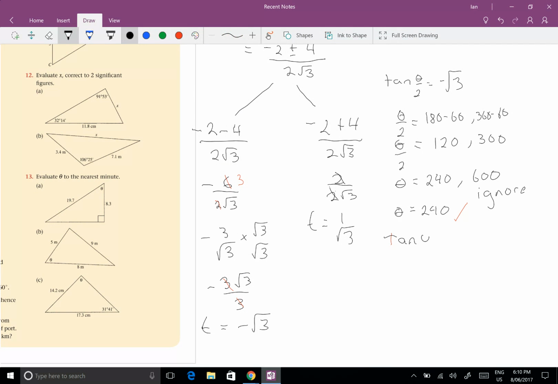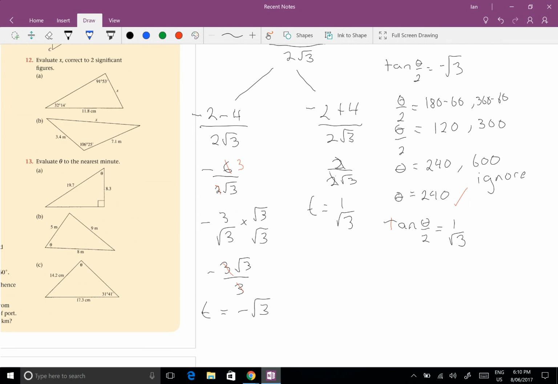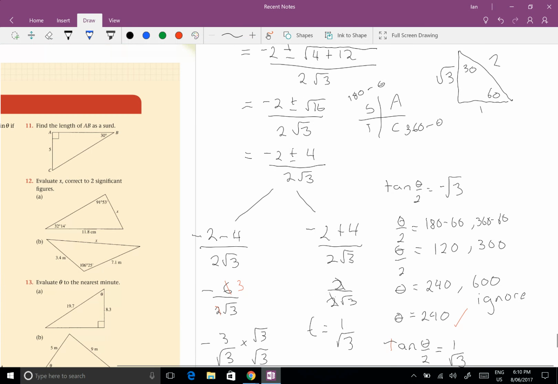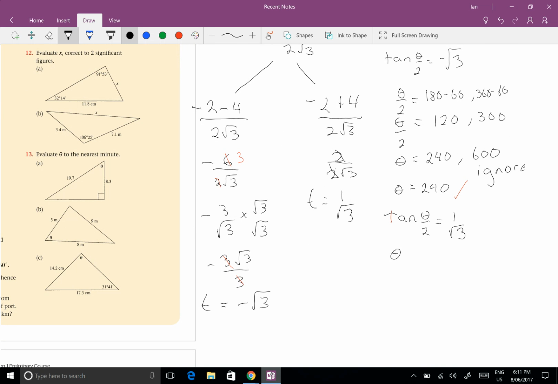Tan theta on 2 equals 1 on root 3. Well, I've already drawn the triangle. Look at this. We know that it's going to be 30. So the acute angle is 30, and it's going to be here and 180 plus 30. So here we go. Theta on 2 will equal 30, and 180 plus 30.